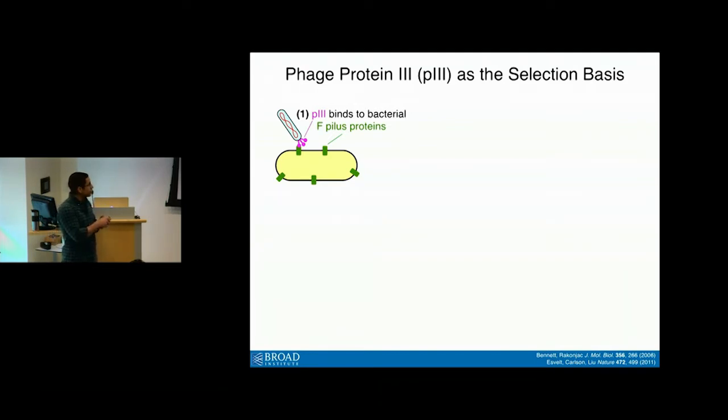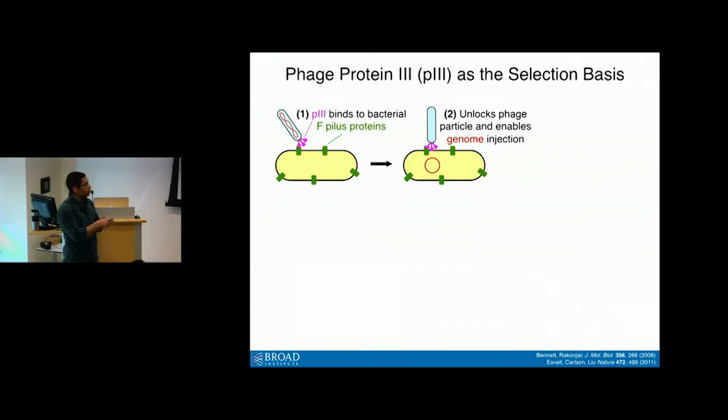So P3 initially is responsible for recognition of the proteins that are on the surface of the bacterial cell that initiate the following cascade with respect to infection. It then undergoes a conformational change to inject the phage genome into the cells, thereby depositing all the genetic information into the cell, akin to the transformation step that I described on the previous slide.